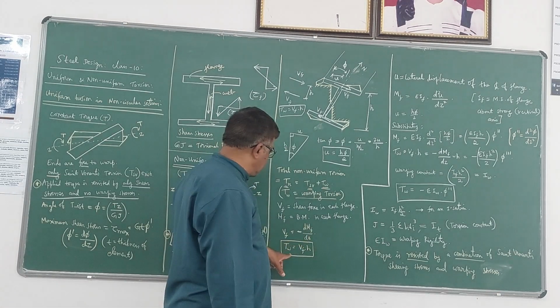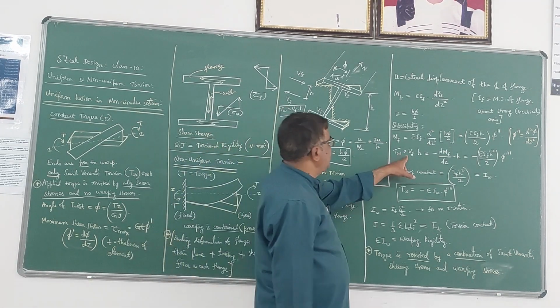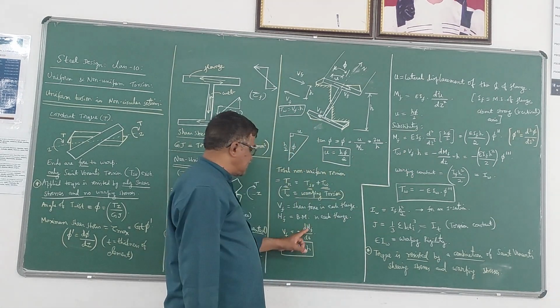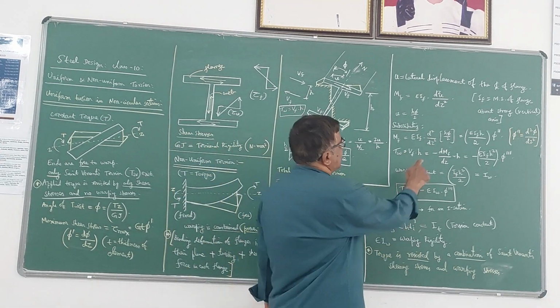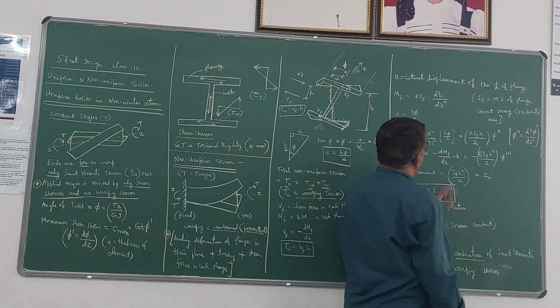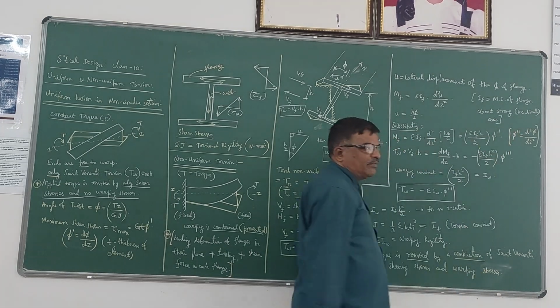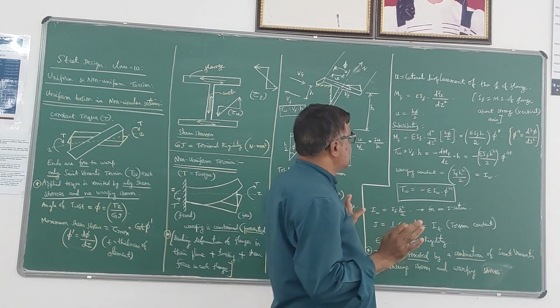Now Tw is Vf into h, where Vf is once again minus dMf by dz. So I can write it as minus dMf by dz into h. Here only the phi term is the variable, all others are constants.